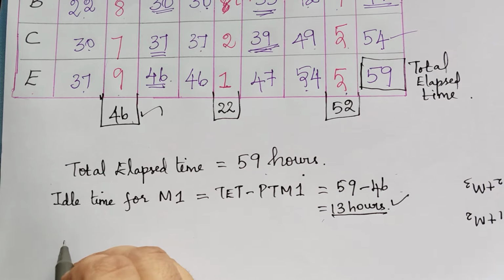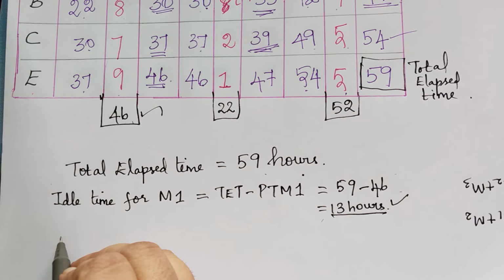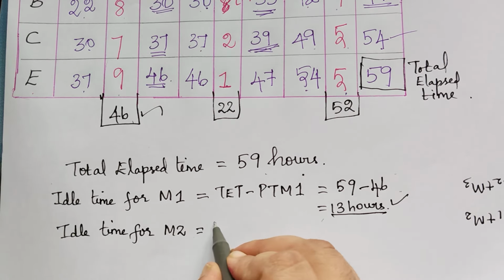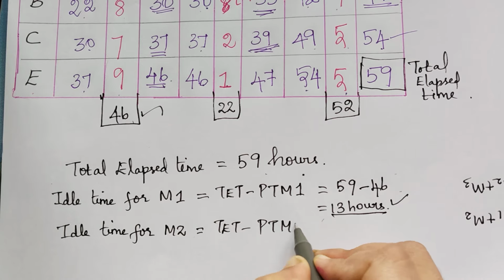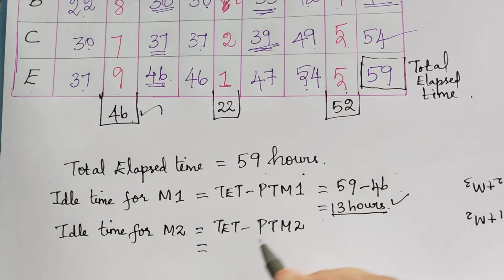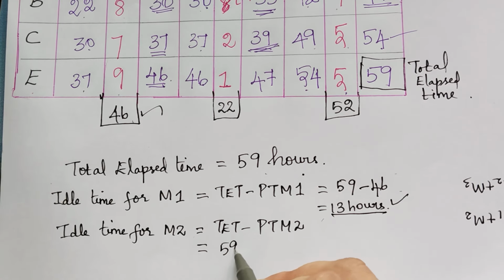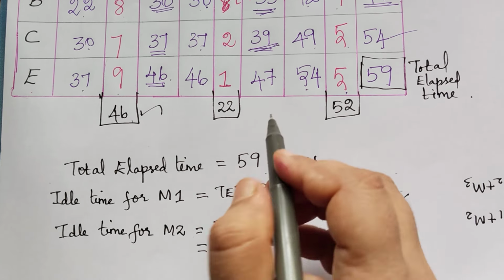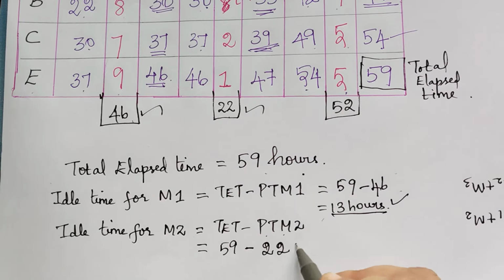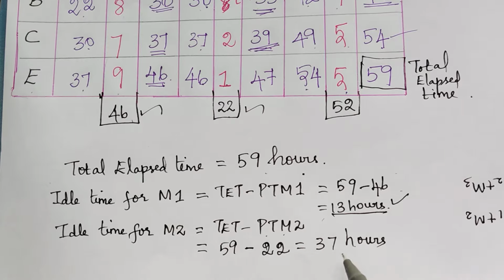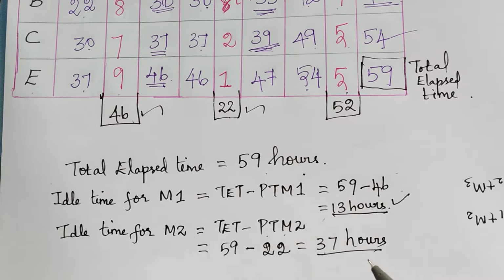In a similar way, we have to find the idle time for machine 2. So idle time for machine 2 is total elapsed time minus total processing time of machine 2. That is 59 minus 22, so that's equal to 37. So 37 hours is the idle time for machine 2.